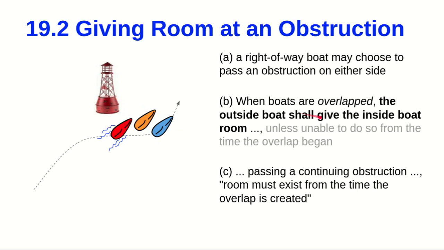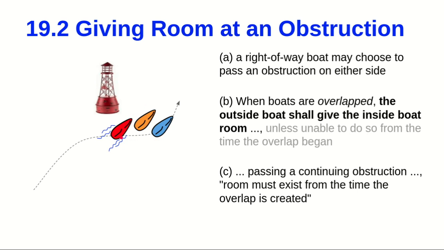So when boats are overlapped, the outside boat shall give the inside boat room. There is another caveat, unless unable to do so from the time the overlap began. Well, when red stuck her nose in there, it's possible for blue and orange to come down and give her room, plus there's probably room there already.